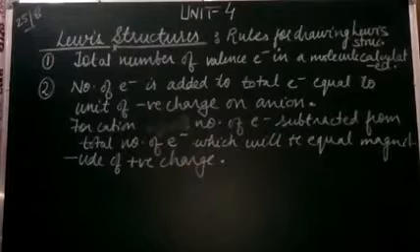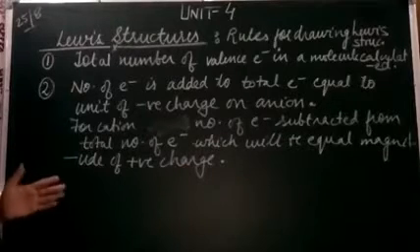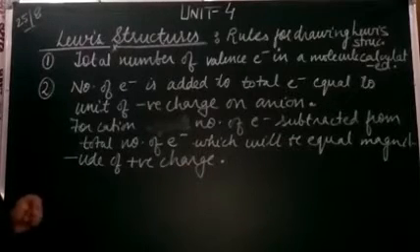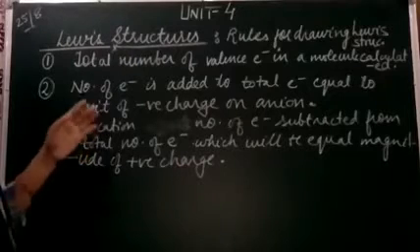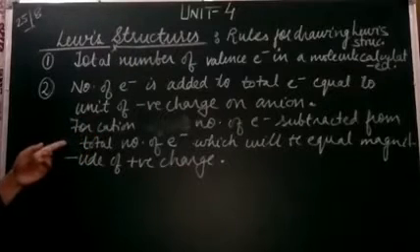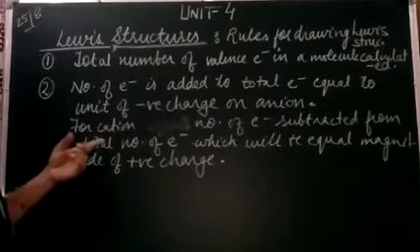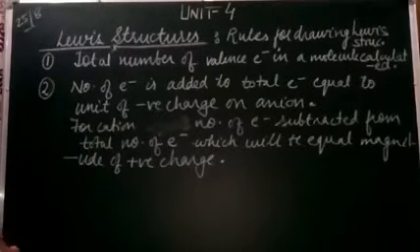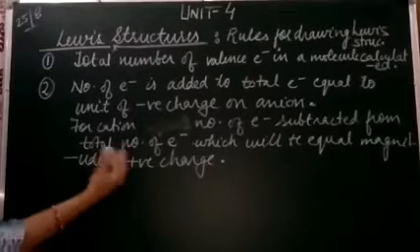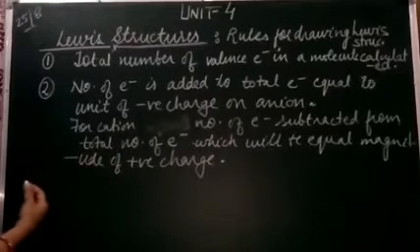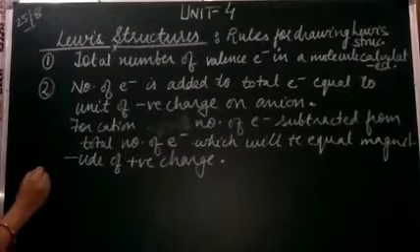So the number of electrons which will be added to the total electrons will be equal to the unit of the negative charge on the anion. How many units of negative charge are present? And if it is a cation, the number of electrons which will be subtracted from the total number of electrons will be equal to the magnitude of the unit of the positive charges, right?